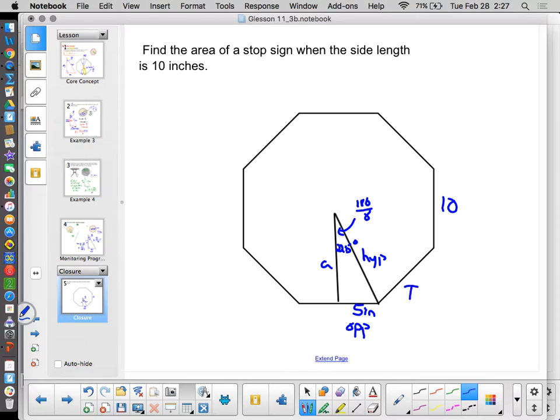So tangent of the angle is the opposite over the adjacent. So the adjacent, or the apothem, is 5 over tan 22.5, which is approximately 12.1.